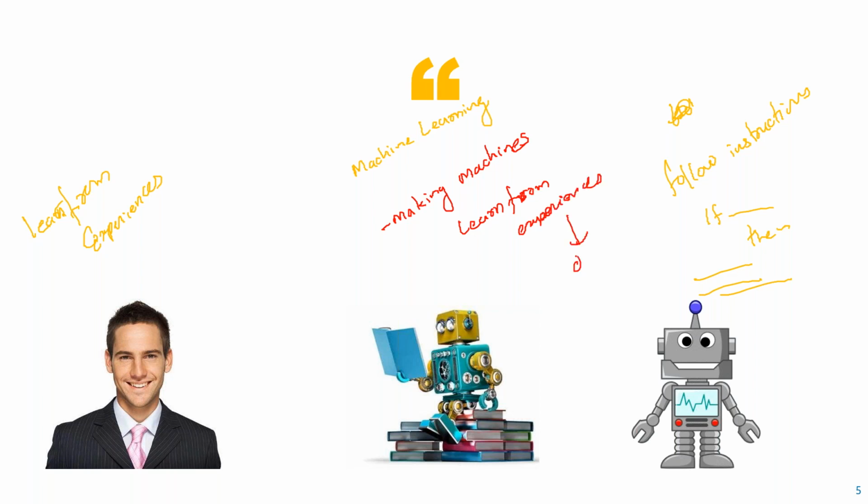For them, the experience is data. We humans learn from experience and machines follow instructions. So machine learning is all about making machines do like us, right? The way we learn things, the way we build intelligence, let the machines learn from experiences, let them learn from data. For them, the experience is data. That's the logical meaning of machine learning.